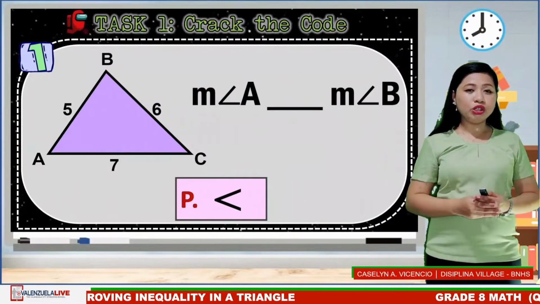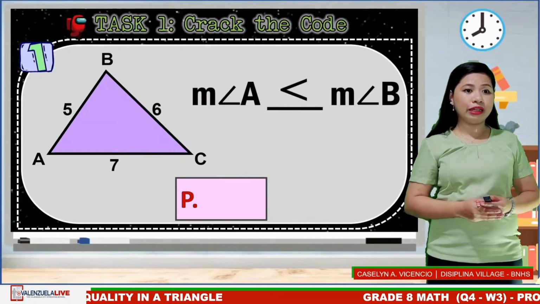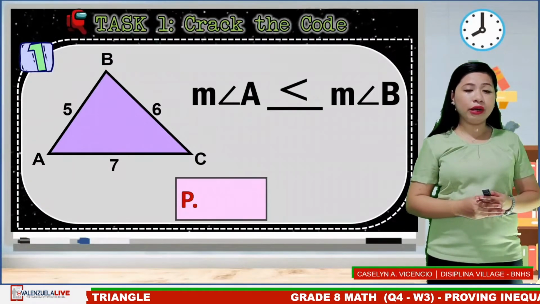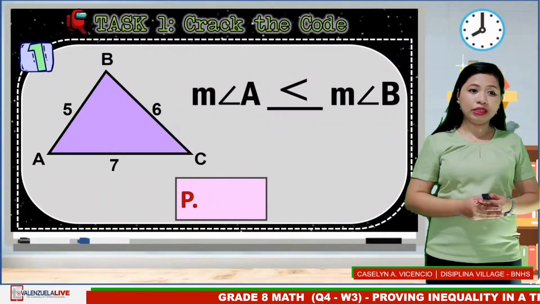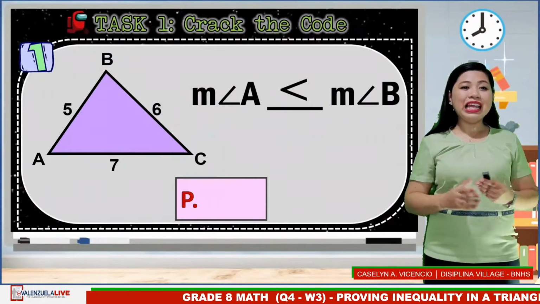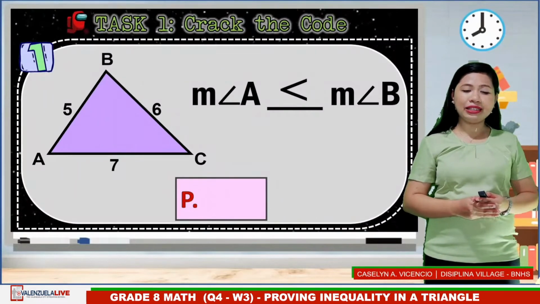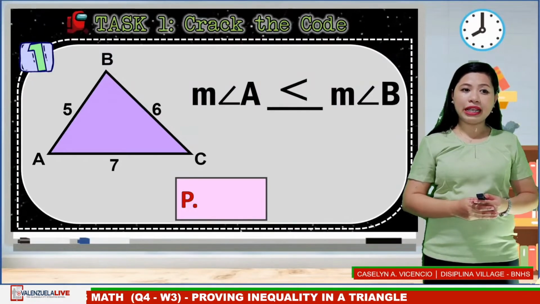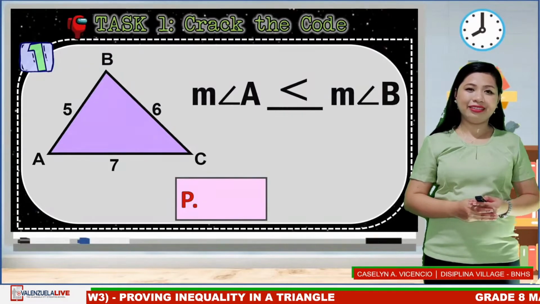Thus, the measure of angle A is also less than the measure of angle B, because according to triangle inequality theorem number 1, or the side angle inequality theorem, if one side of a triangle is longer than the second side, then the angle opposite the first side is larger than the angle opposite the second side.